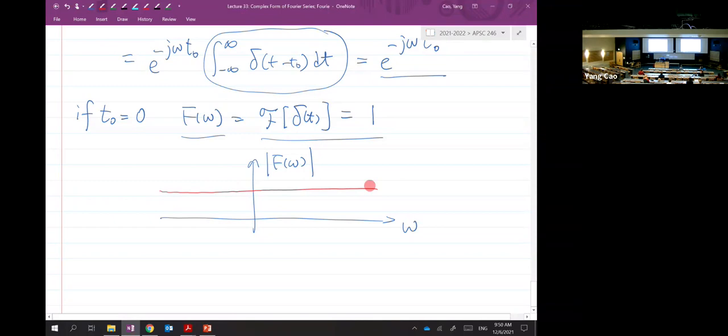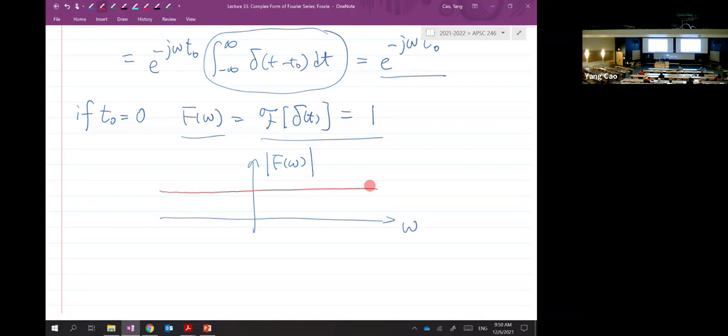Putting delta t into the system as an input is equivalent to injecting the system with an infinite number of frequencies. That's why the impulse response, the output corresponding to an impulse input, is so precious, because it tells you the system behavior corresponding to all different frequency inputs.